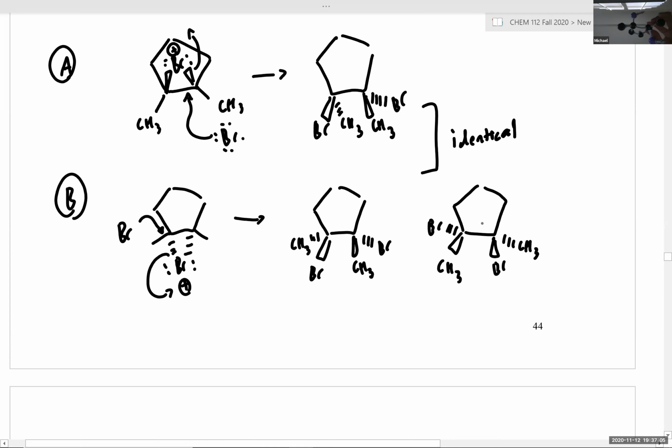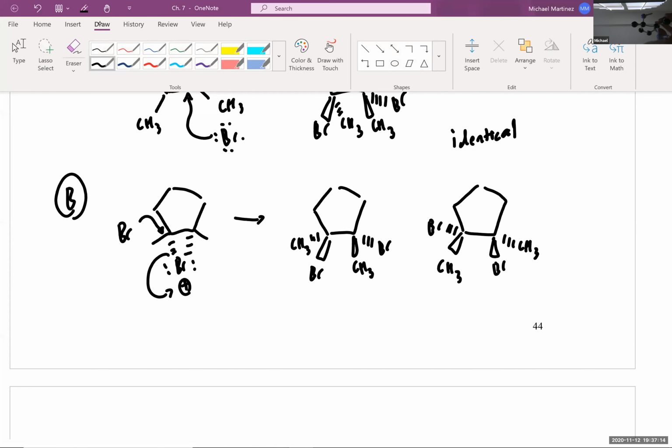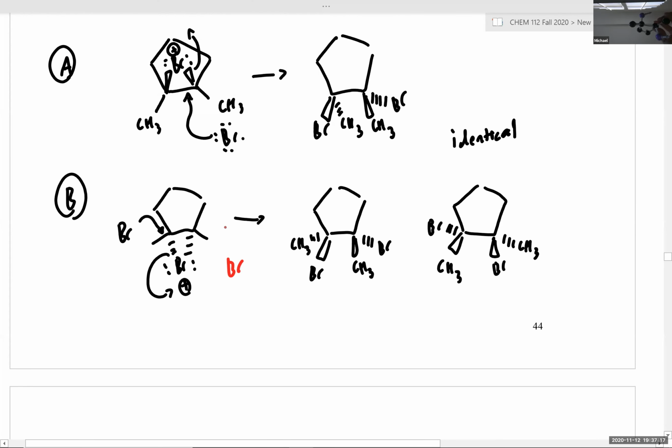Let's compare these two products and check to see if we attacked at our other position. If we attacked at the opposite carbon, we would generate the following product. Now let's compare these two products and check to see if we end up with enantiomers or if they're identical. Okay, with that said, this is our first product, and let's see via rotation if we can get this second product.